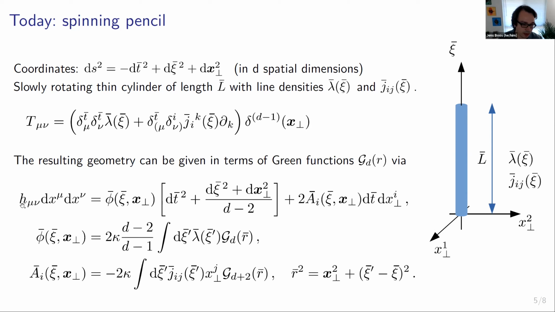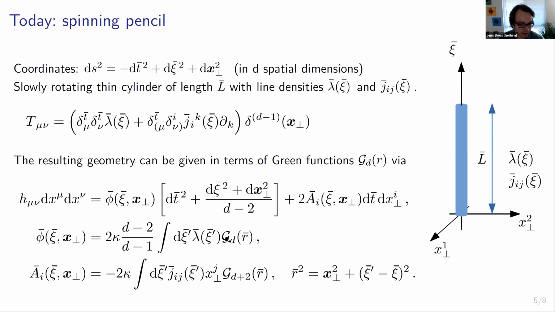So here I just write down what the solution is. This isn't, I mean, of course, an exact solution because it's a linear theory. So it's not that hard to find it, but still, this is the form that it takes. So you see there's this potential phi bar, which is just sort of like the analog of the Newtonian potential. And then there is this A sub I, which is the gravito-electromagnetic potential, which is caused by the rotation of the cylinder.